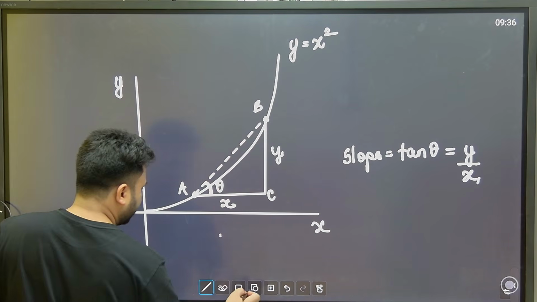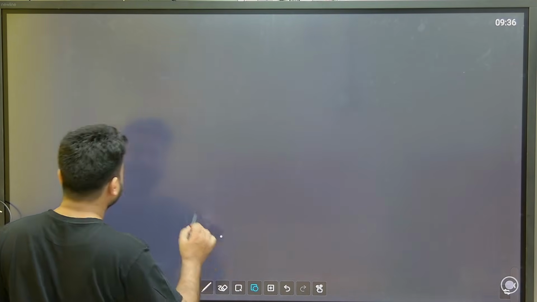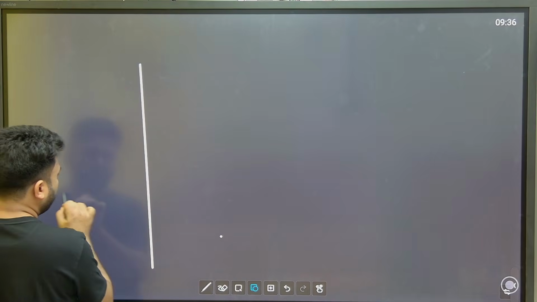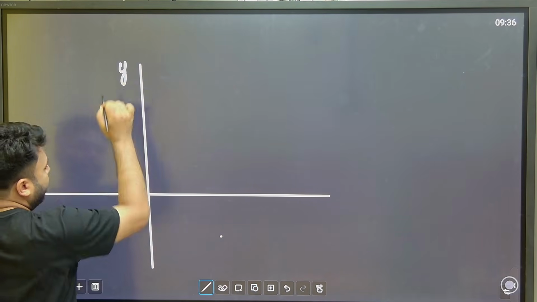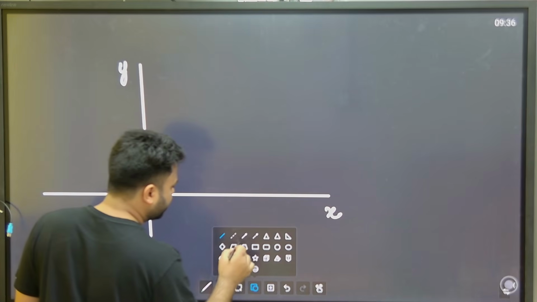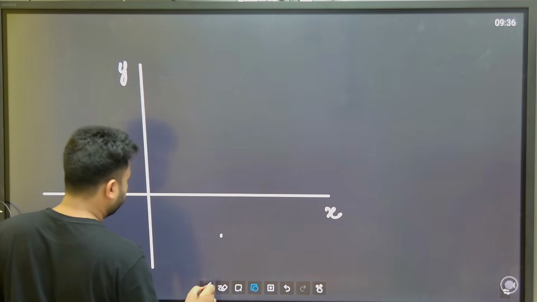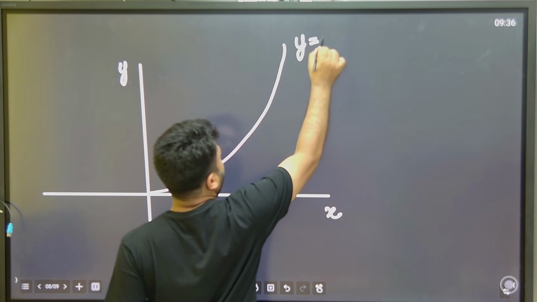But suppose there is a situation, this is Y, this is X, and suppose there is a curve, again the same curve, Y equals X square.